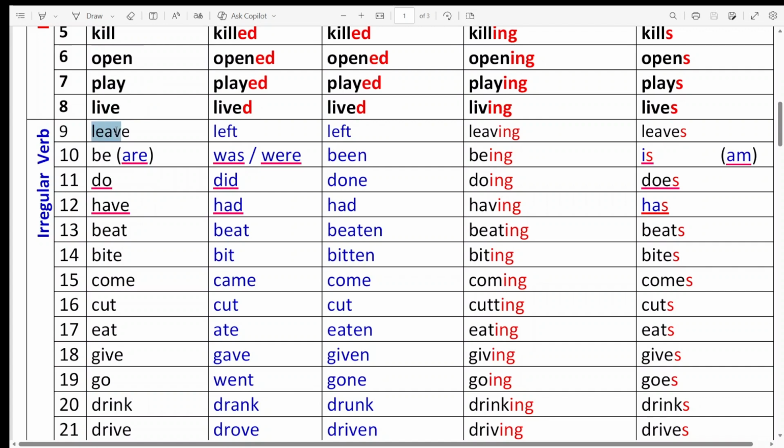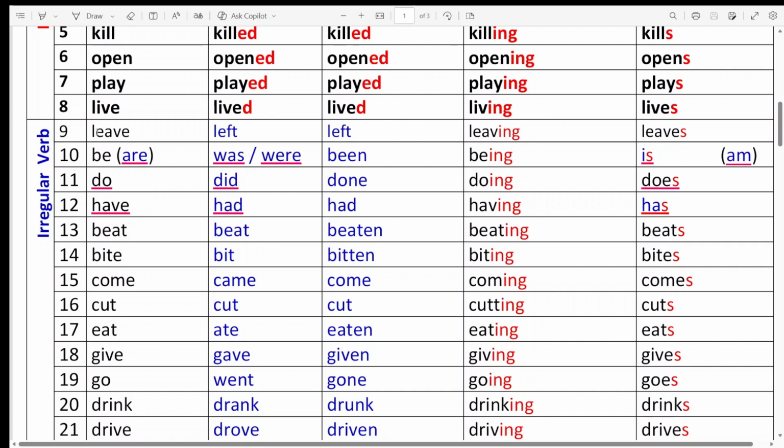I have left it. This is live. Leave, live. Live is regular, whereas leave is irregular. Why? Because live, its V2 is lived, and V3 too is lived.